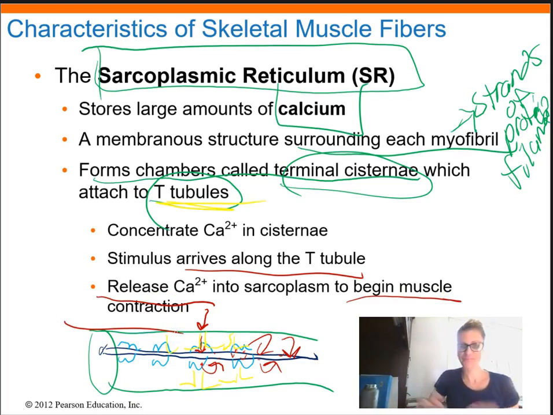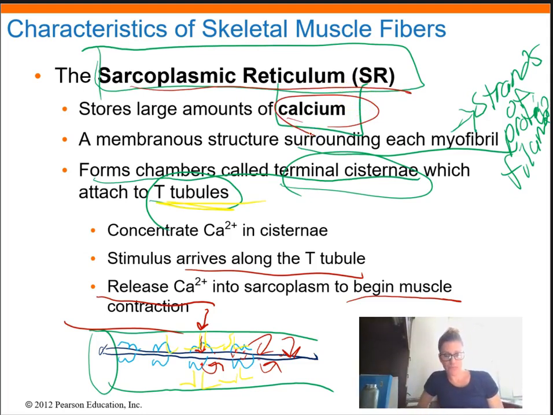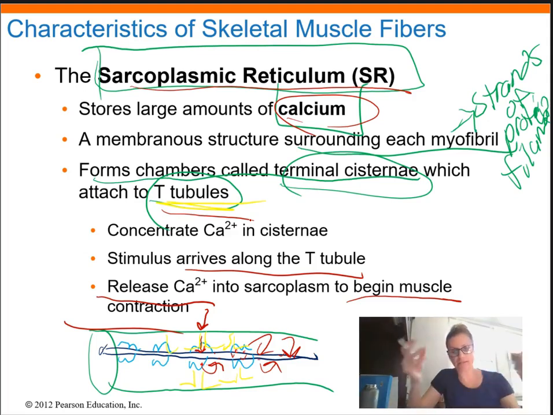Okay? So for now, the sarcoplasmic reticulum stores a bunch of calcium. And when the electrical stimulus comes down the T-tubules and gets to the sarcoplasmic reticulum, it dumps its calcium into the sarcoplasm, so the calcium floods all around the myofibrils.